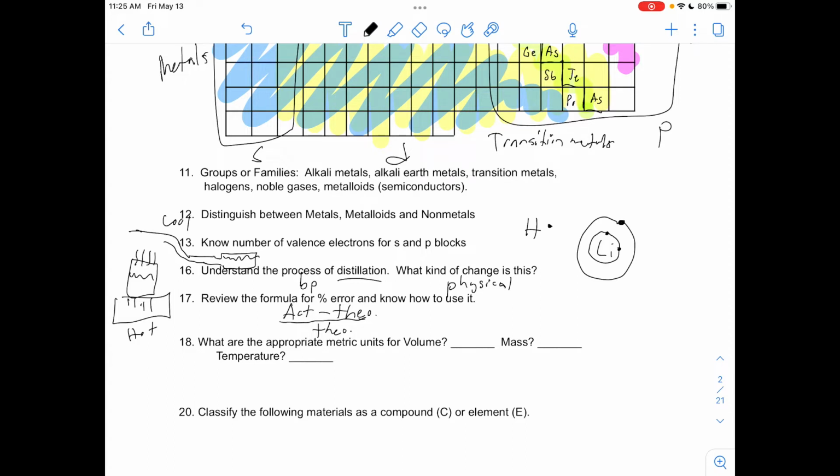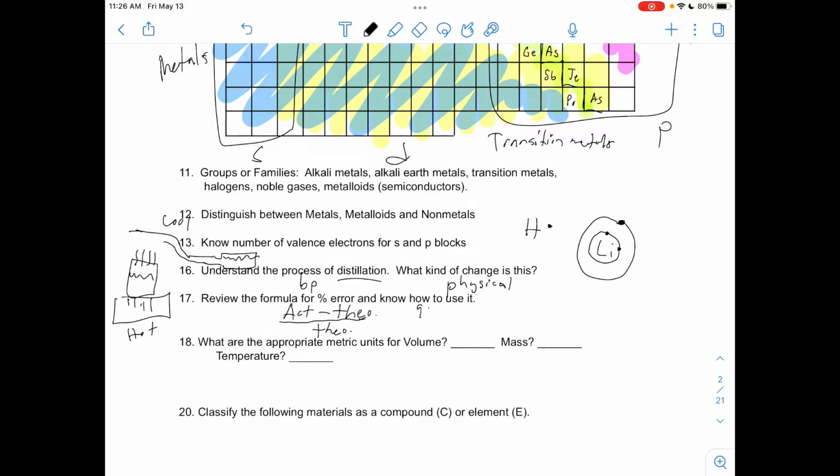So, for example, if I got pretty close to what it was supposed to be, it would be close to 0, right? It's kind of like your test.